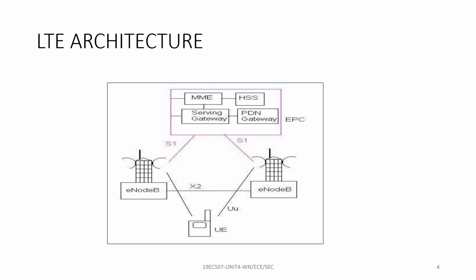The third important component in the LTE architecture is the Evolved Packet Core, EPC. We also have different interfaces, denoted by notations such as Uu, X2 and S1. These are all the interface standards deployed.